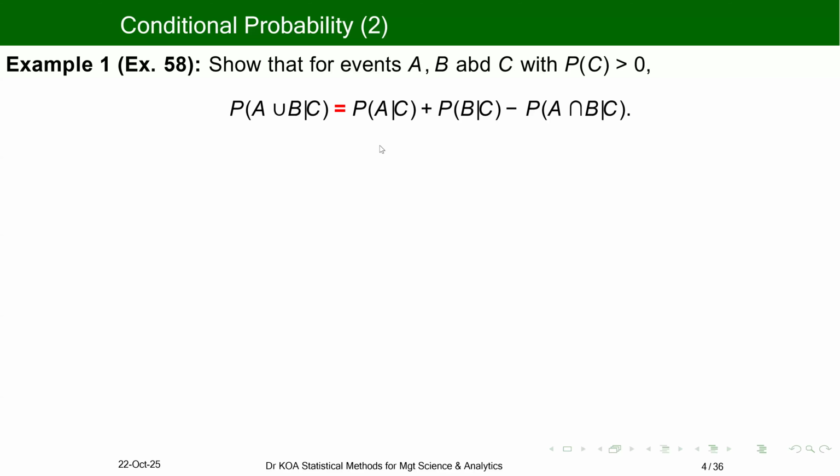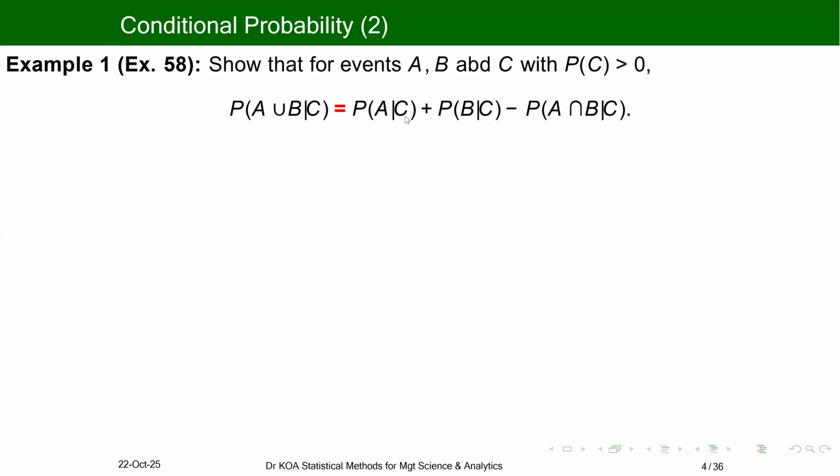Let's move on. So this is an exercise I want you to do. You do a lot of proofs, so I'm giving you some of these proofs, then I'll let you do some proofs yourself. Show that for events A, B, and C, where C is a positive value, the probability of A union B given C is the same as the probability of A given C plus the probability of B given C minus the intersection of A and B given C. Now watch it.